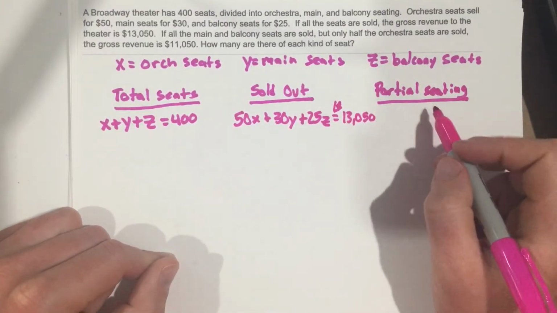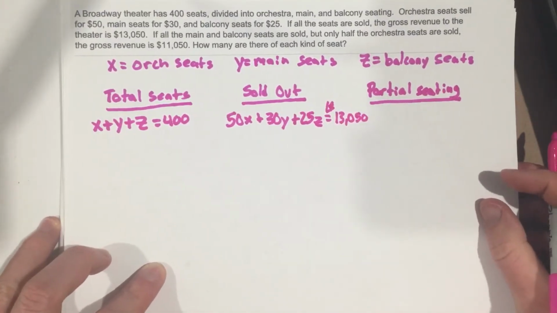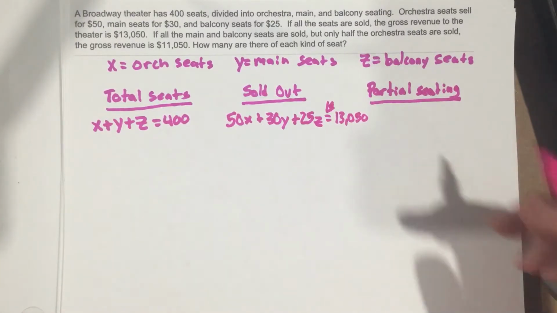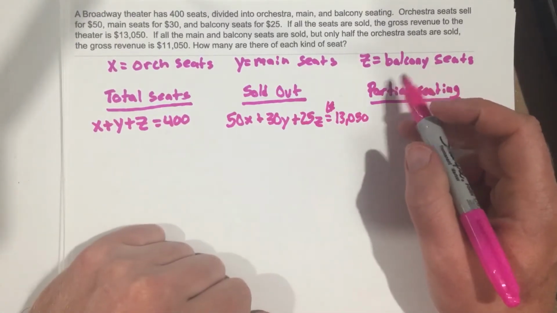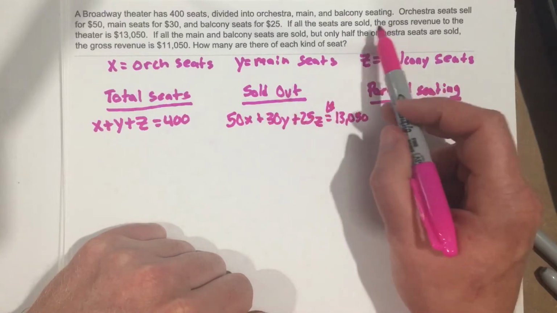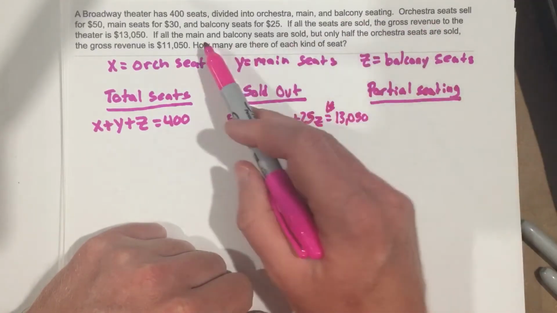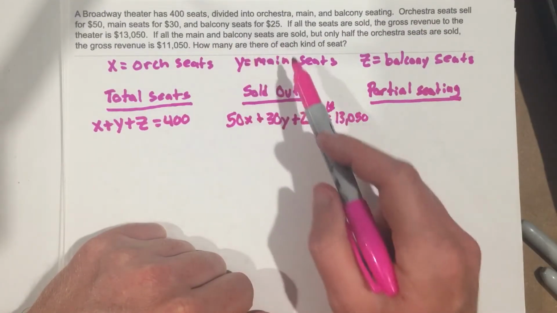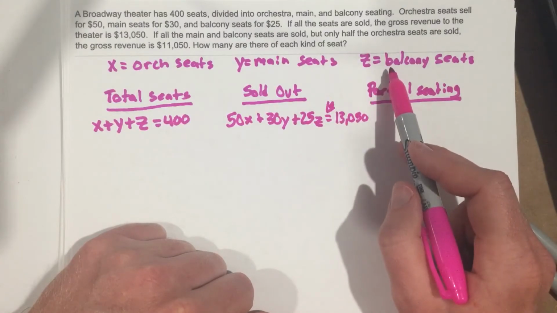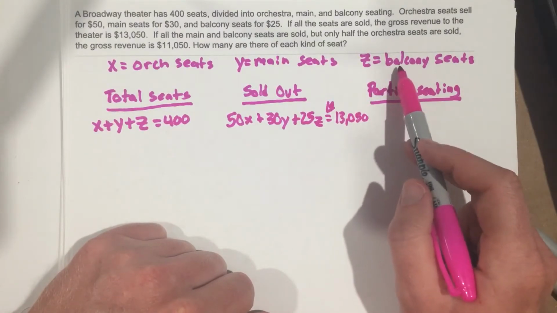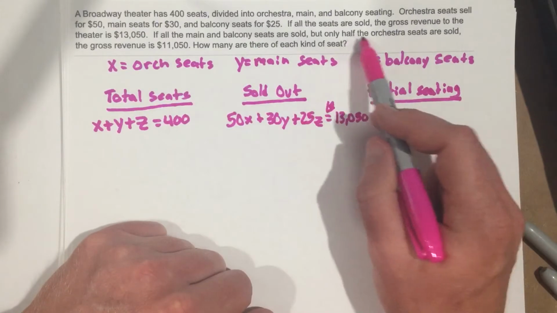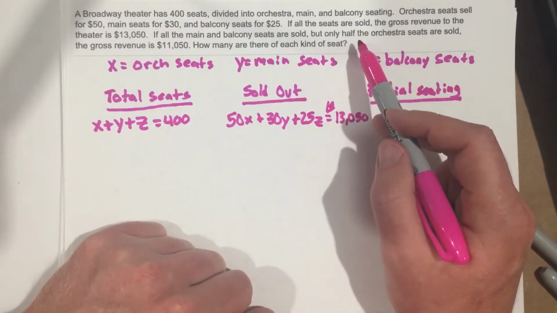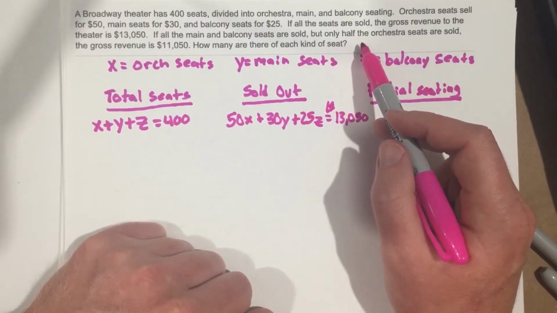The partial seating is the one that's kind of tough, because for the partial seating, we're sold out for the main and balcony seats. Main is Y, Z is the balcony. So the orchestra seats are only half sold. What does it mean to only sell half of the seats?